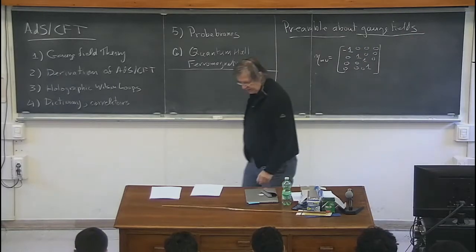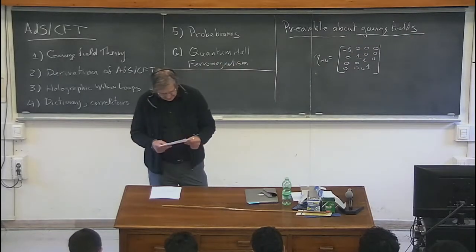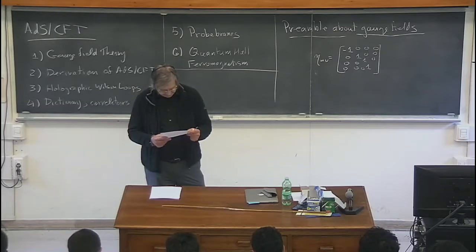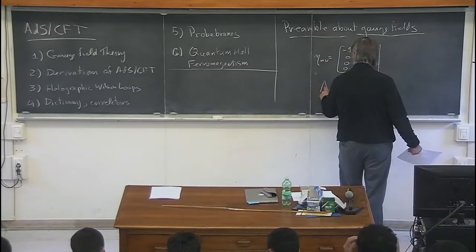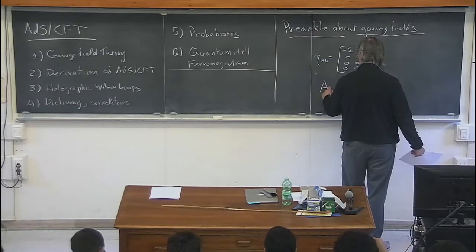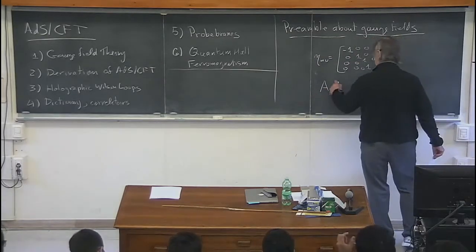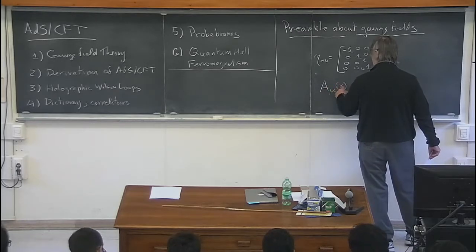That's the one with signature -1, 1, 1, 1. To me, a gauge field starts with the 4 vector, or the vector connection field.